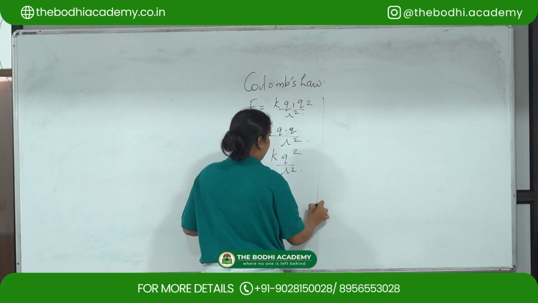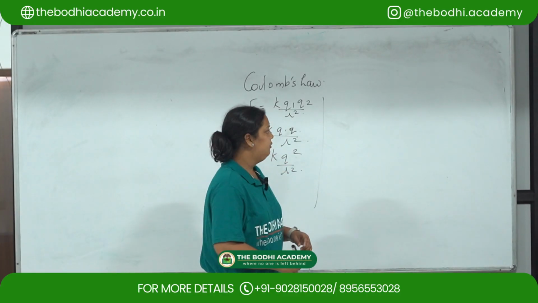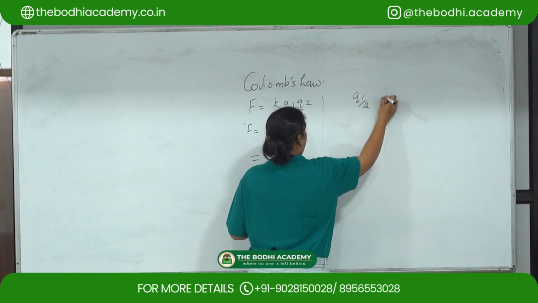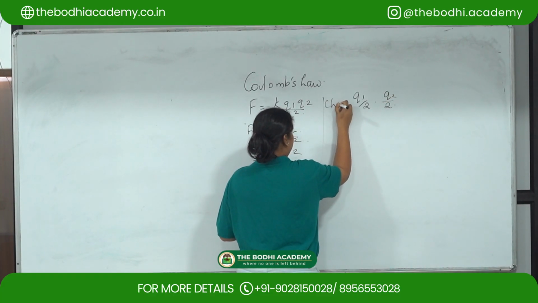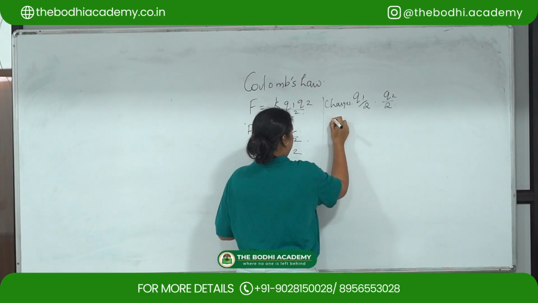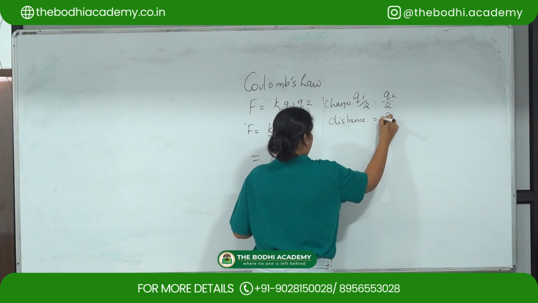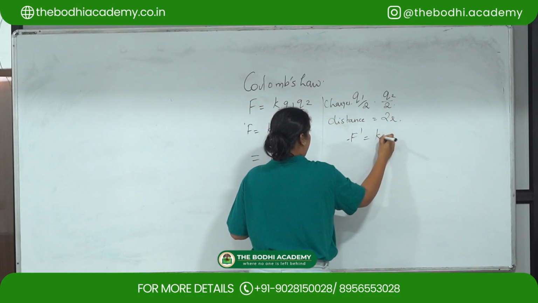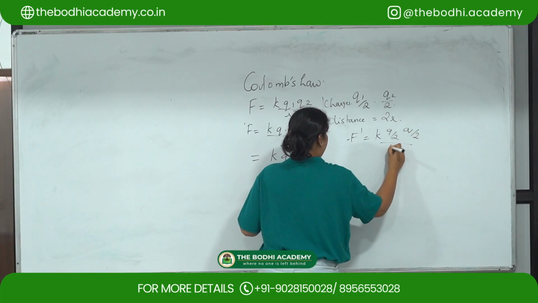So in the new situation where the distance is doubled and the charges are halved, the first charge will be Q1 by 2 and Q2 by 2, and the distance will be 2r. So this is going to be F dash is equal to K Q by 2 Q by 2 upon 2r the whole square.